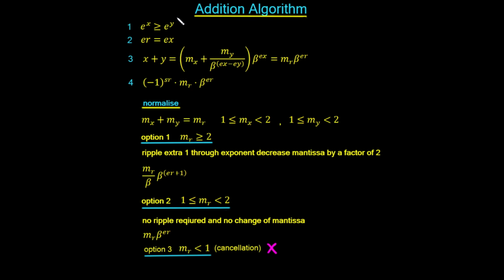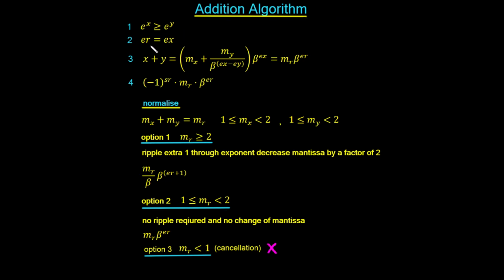If ex is always greater than or equal to ey, whenever we do the alignments in order to do the addition or subtraction, then we know we're always going to have to increase the exponent for the value of y, and decrease the mantissa for the value of y in order to make it equal to x. And we swap these round about in order to ensure that that's the case.